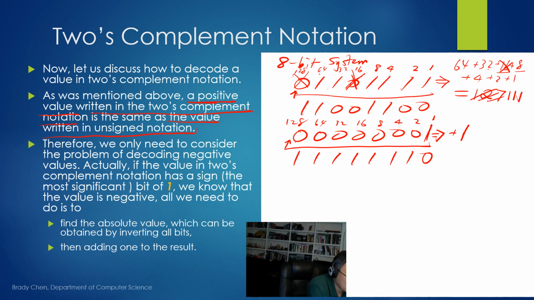Now, also, if the two's complement notation has 1 in the most significant bit, then we know it is a negative number. Now, how can we convert into the decimal value? Here's what we need to do. First, we find the absolute value, which can be obtained by inverting all bits and adding 1. Take a look at the first example. It's 11001100.